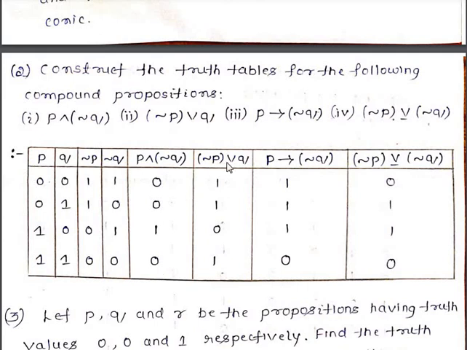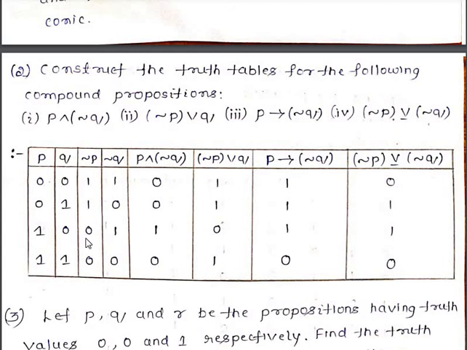Next problem is negation P or Q. First, you have to consider negation P, and only then consider Q. So 1, 0 gives you 1 since it is a disjunction.